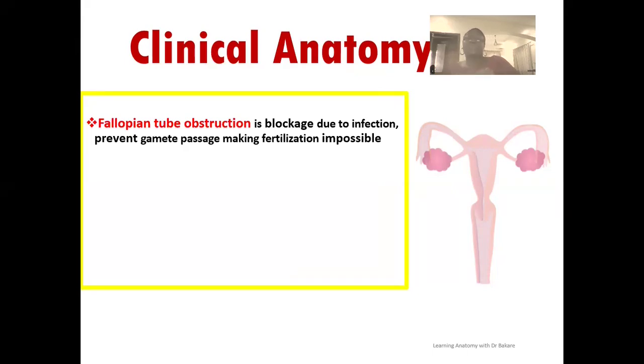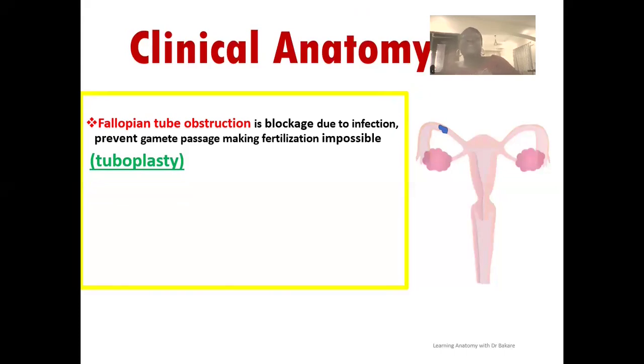So when there is obstruction, it means that this gamete will not be able to pass, and it is going to make fertilization impossible. So if you have structure occluding the wall or the lumen of the uterine tube, you have fallopian tube obstruction. And this can be treated through surgical intervention that is referred to as tuboplasty.